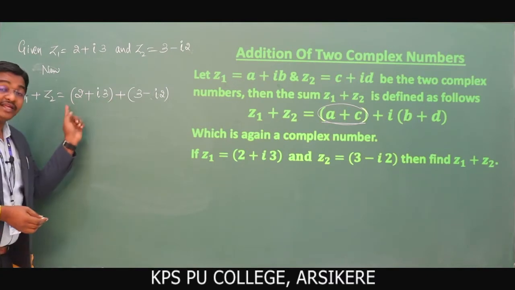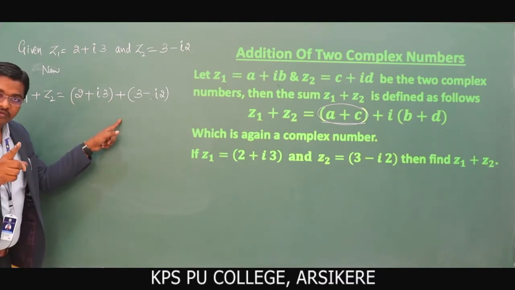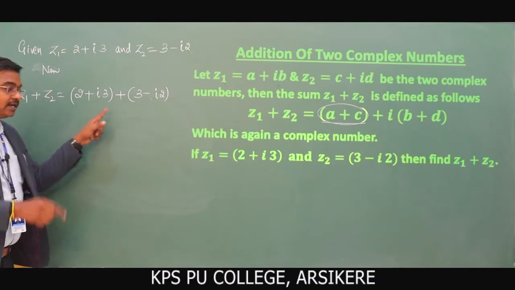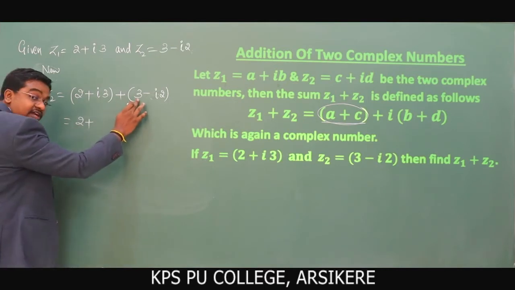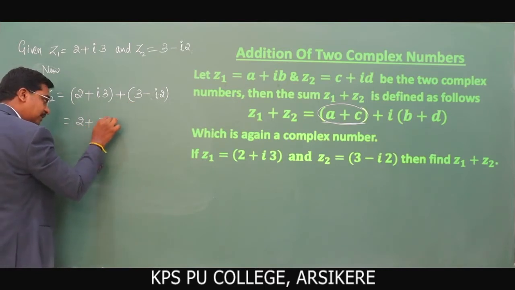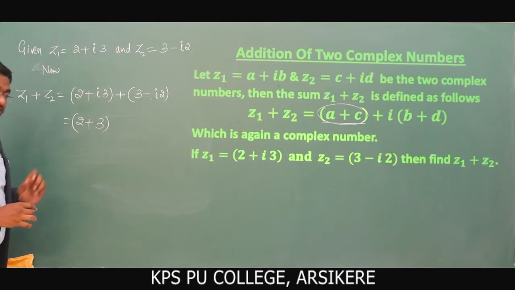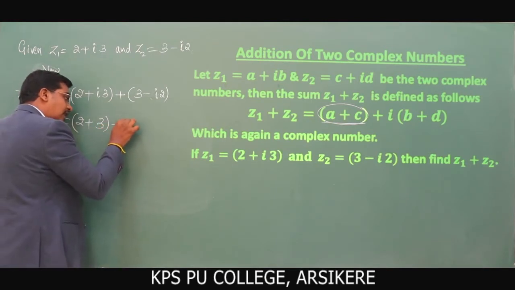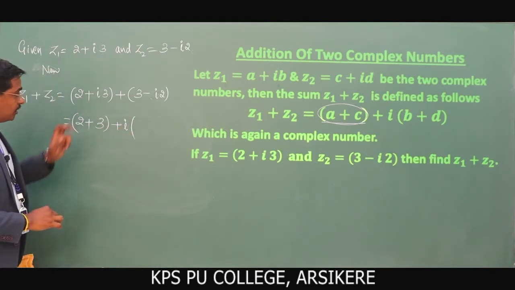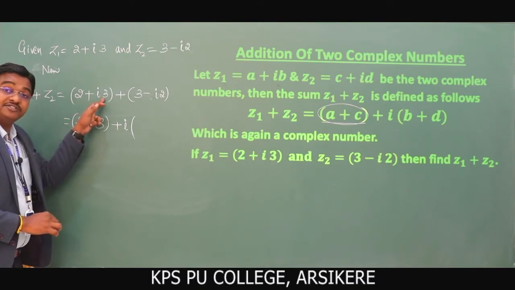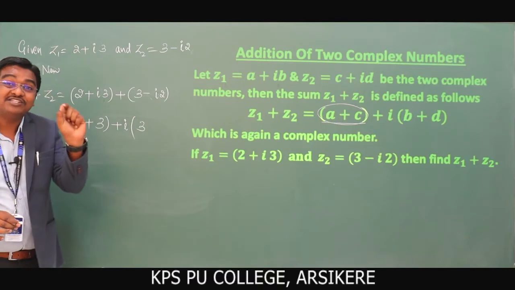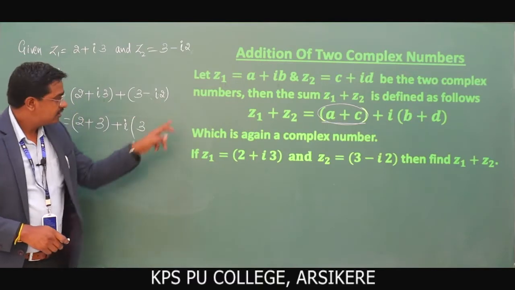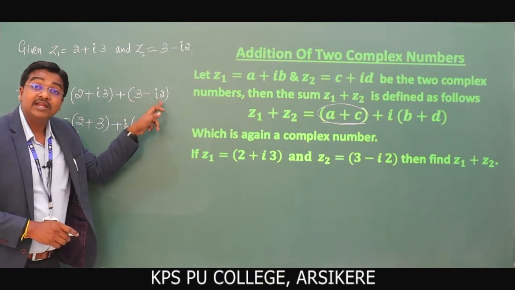So when we are adding these two numbers, always follow real part plus real part. What is the real part of the first number? 2, plus the real part of the second complex number, very good, that is 3. 2 plus 3, plus I times the imaginary parts. The imaginary part of Z1 is 3. Now tell me what is the imaginary part of Z2? Is it only 2? No, it is minus 2.